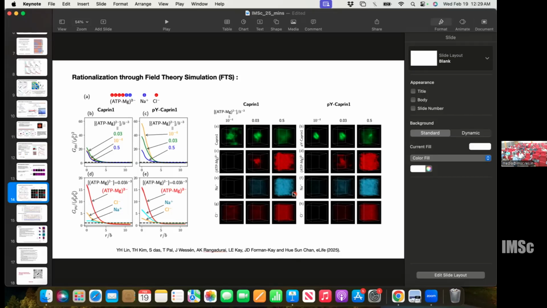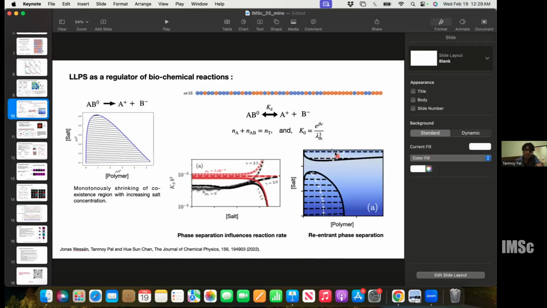So could this high salt reentrant phase separation be akin to the macromolecular crowding exerted by something that exerts an excluded volume effect? I agree. It's basically here because of the crowding effects of these neutral ion complexes.